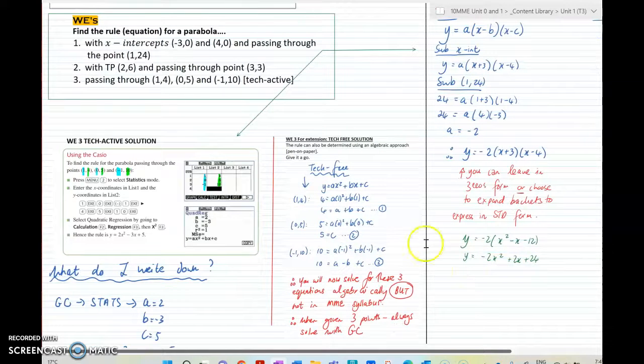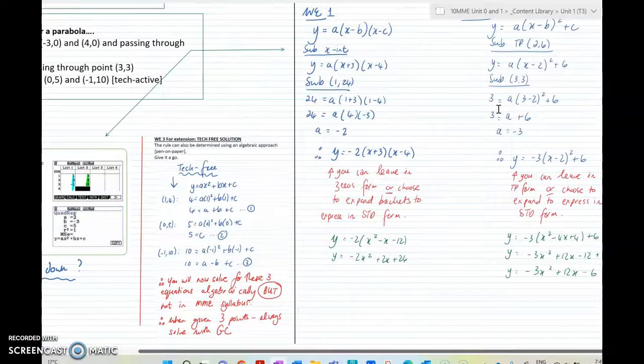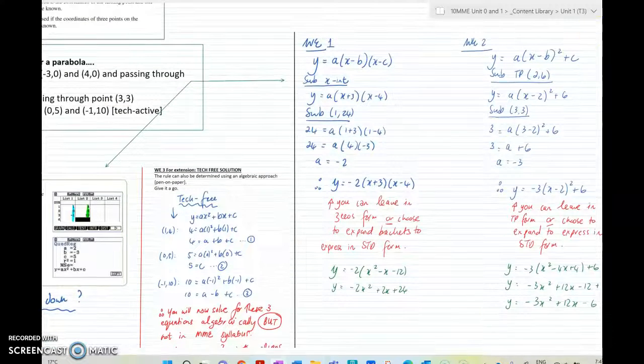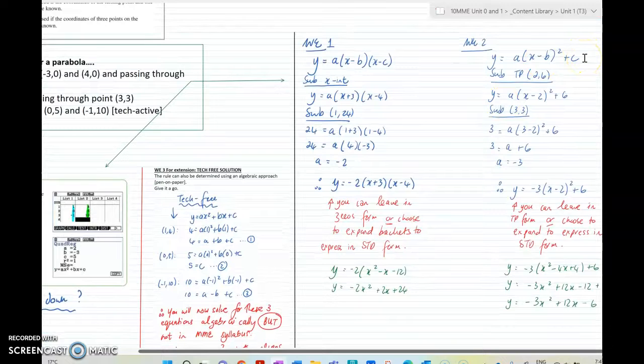Right, word example 2. It gives you the turning point 2 and 6, and it gives you another point. So let's have a look. Because you've got the turning point, of course, you start with the turning point formula, which you write down. The turning point is 2 and 6, so 2 goes into B and 6 is your C value. So you substitute that in. The only unknown, again, is your dilation factor.